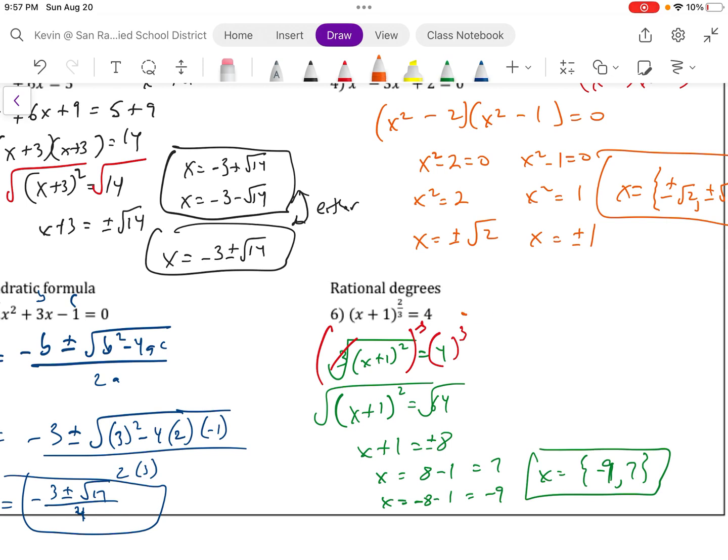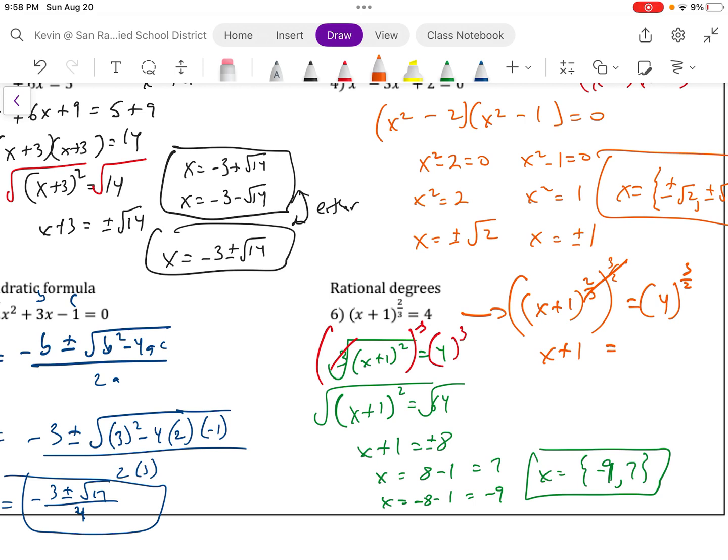There's an alternate way of doing it. You could have also come over here and taken the reciprocal power, so 3/2. And you have to do that over here too. 3/2, exponent 3/2. This cancels out, leaving me with x plus 1.